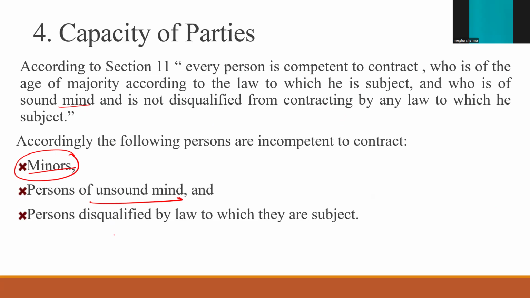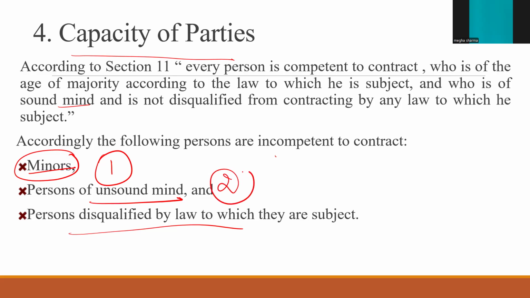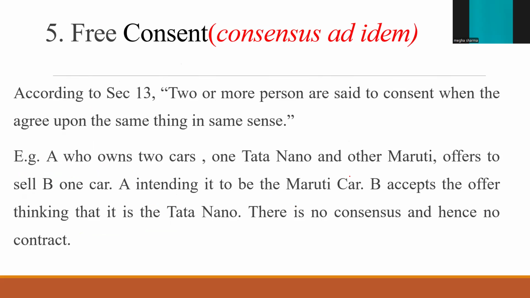That is to say, a person disqualified by law cannot enter into the contract. So, as per the Indian Contract Act 1872, those not capable of entering into a contract are: first, a minor; second, persons of unsound mind; and third, persons disqualified by law.